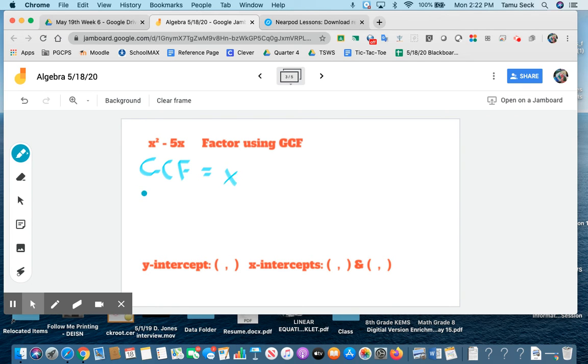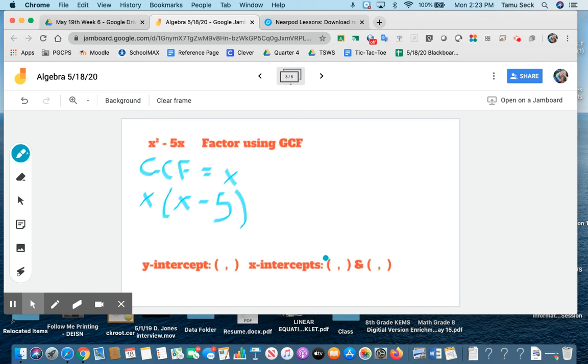So I can factor out an x. x times what gets me x squared? So x times x is equal to x squared. And then x times negative 5 gives me negative 5x. So the factored form is x times the quantity x minus 5.